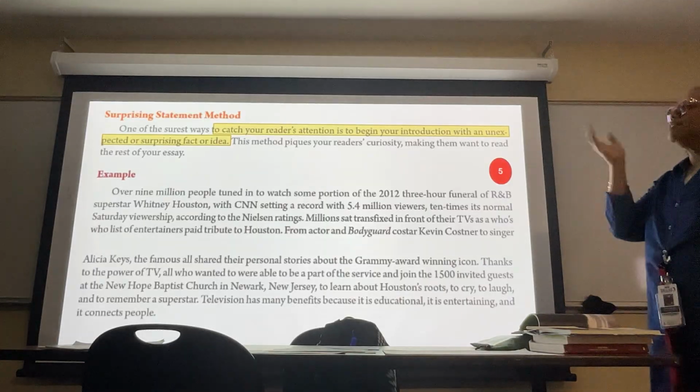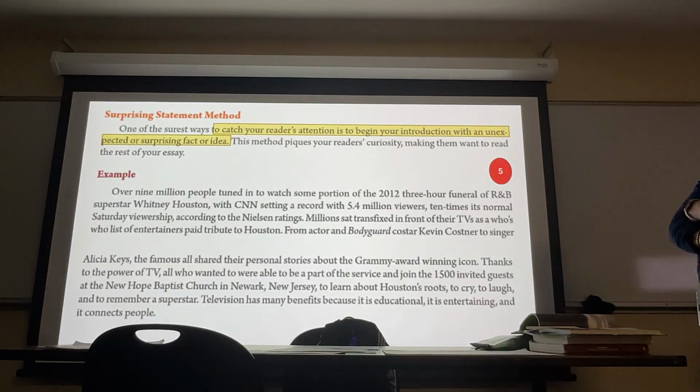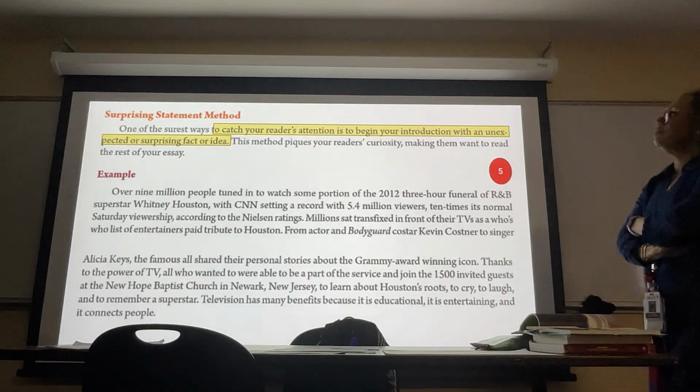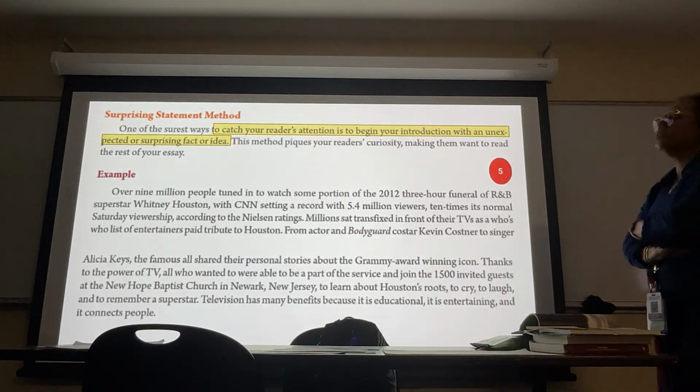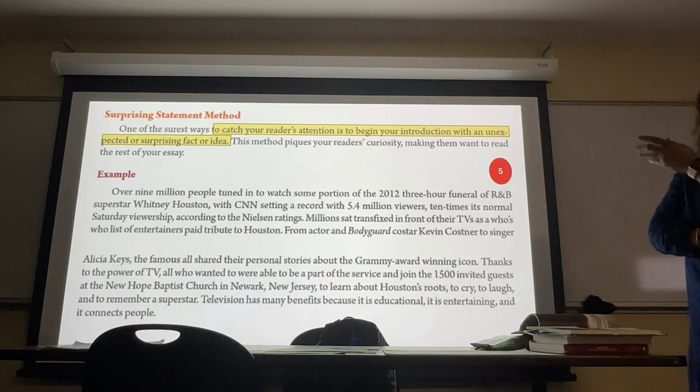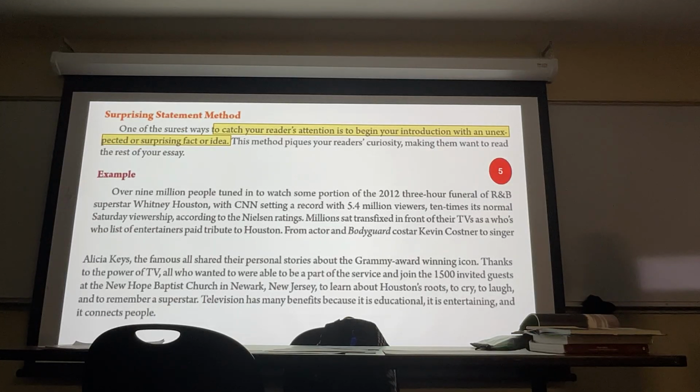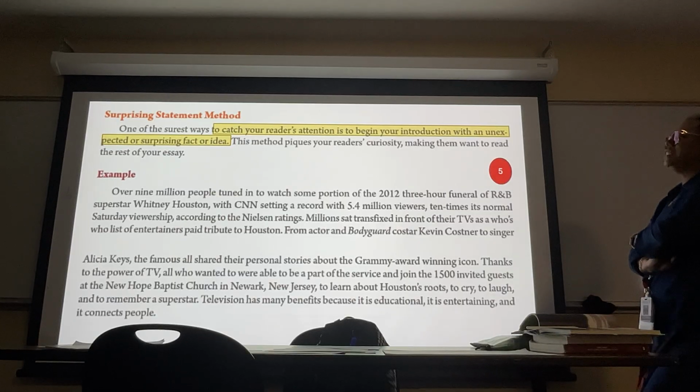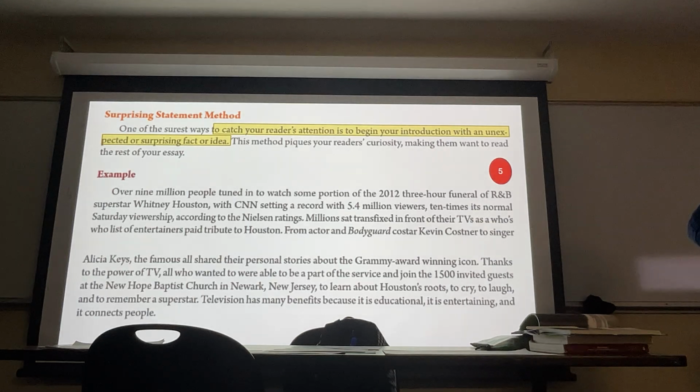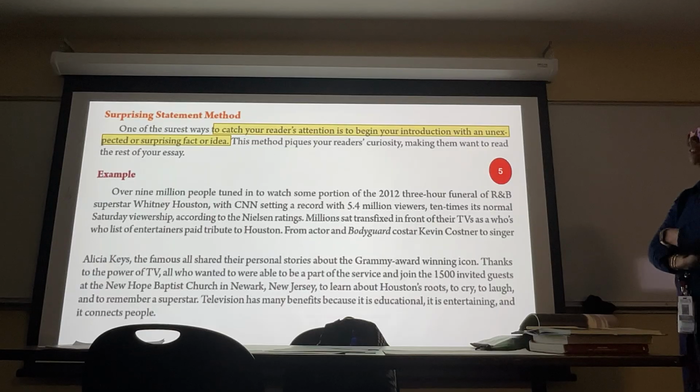All right, surprising statement method. This one is to catch your reader's attention, to begin your introduction with an unexpected or surprising fact or idea. Example: Over 9 million people tuned in to watch some portion of the 2012 3-hour funeral of R&B superstar Whitney Houston, with CNN setting a record with 5.4 million viewers, 10 times its normal Saturday viewership according to the Nielsen ratings. Millions sat transfixed in front of their TVs as a who's who list of entertainers paid tribute to Houston.